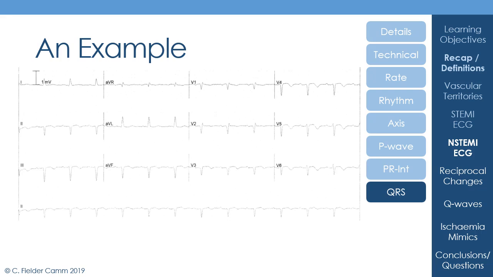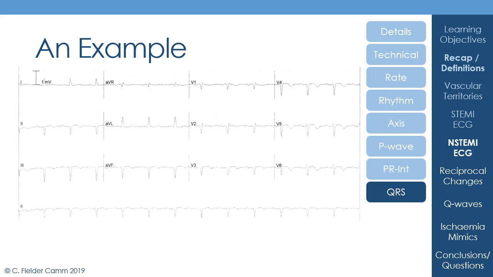QRS complexes, well, I think the first thing to note is that there's quite obviously relatively significant Q waves. And I think they're quite clearly seen in leads V2 and V3. Potentially by the time you get around to V4, there's a very slight upward deflection before the QRS complex, or as the QRS complex begins, and you can see that upward deflection much more clearly in V5 and V6.